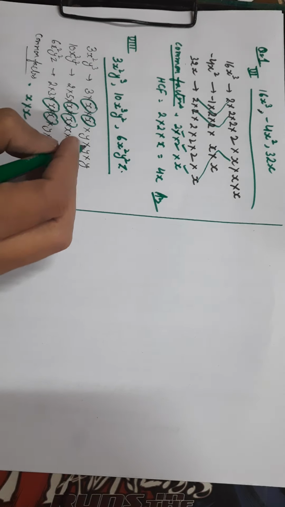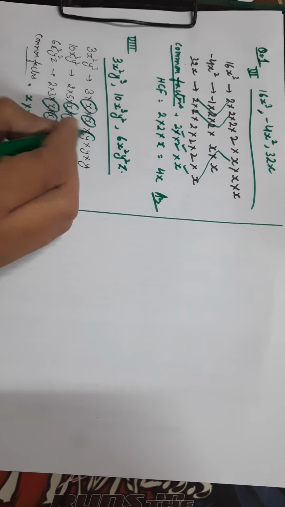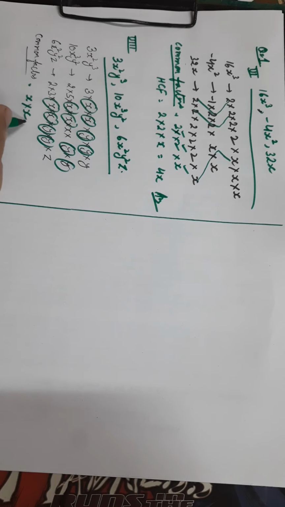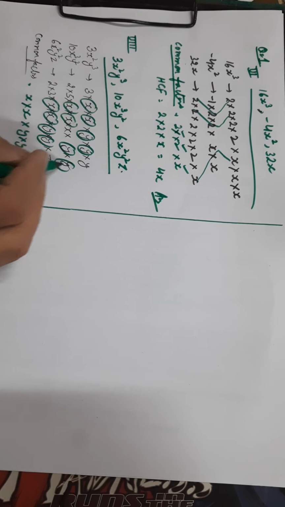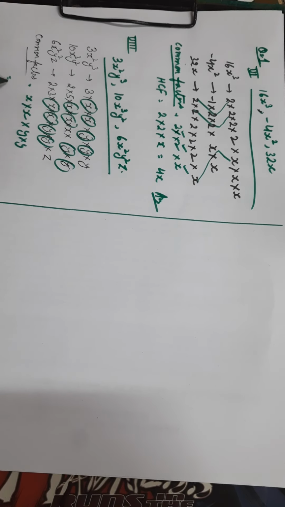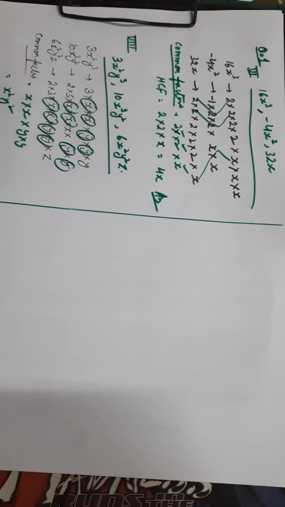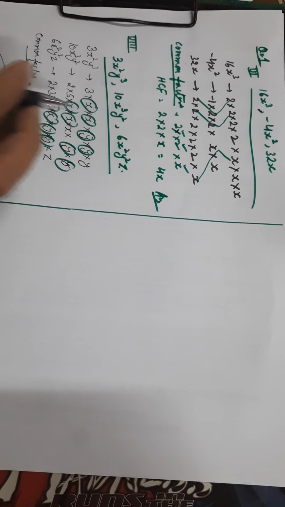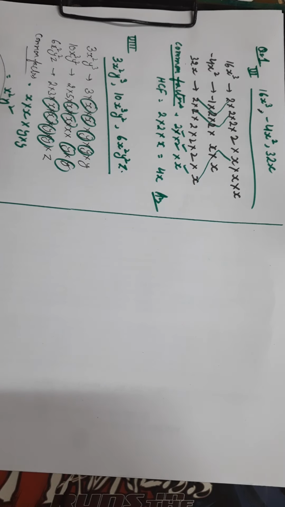Then y. See 1, 1, yes, y is common 2 times. Z is common? No. So what are the common factors? x square into y square. So what will be the SCF? SCF will be equal to x square y square. That is common in all the three terms.